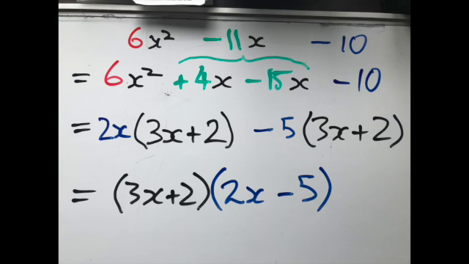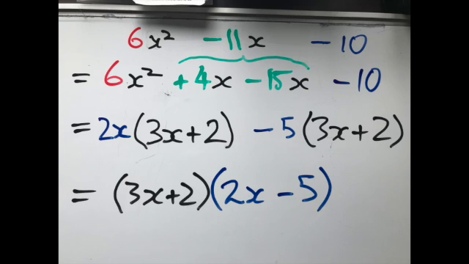Then the second pair of terms on the second line there is negative 15x minus 10. I look for a common factor between those two terms, which is negative 5. I take the negative 5 out and divide negative 15x by negative 5, which leaves me with positive 3x, and then I divide the negative 10 by negative 5, which gives me positive 2.